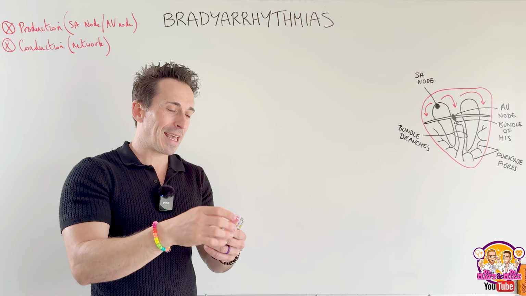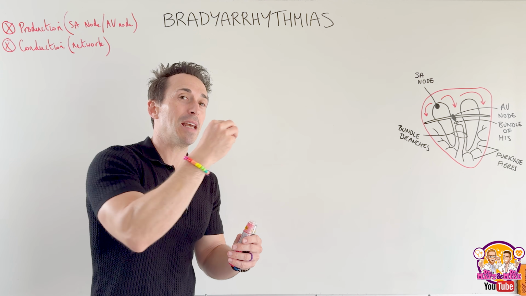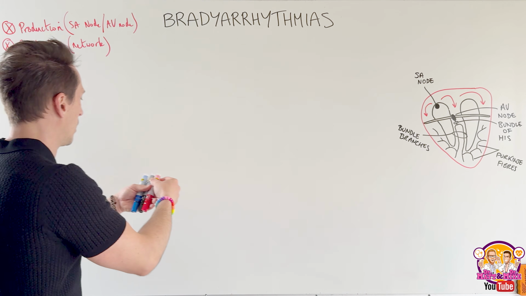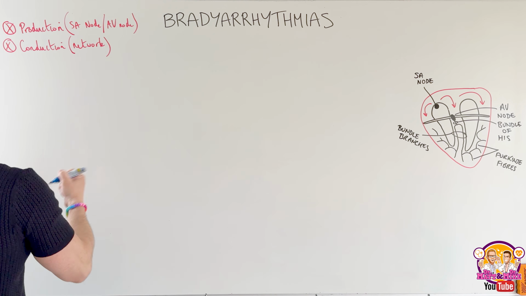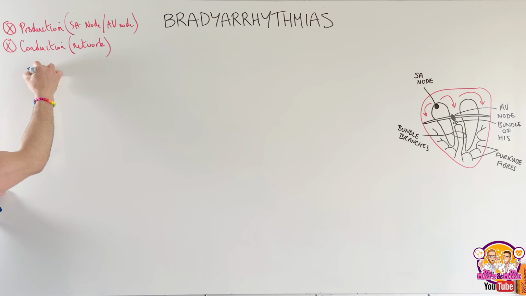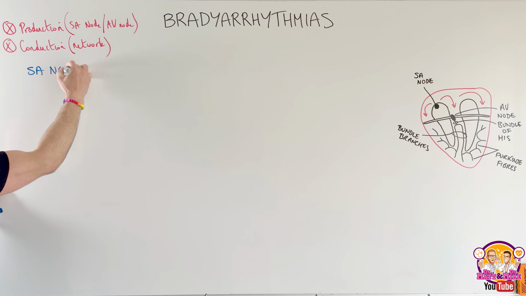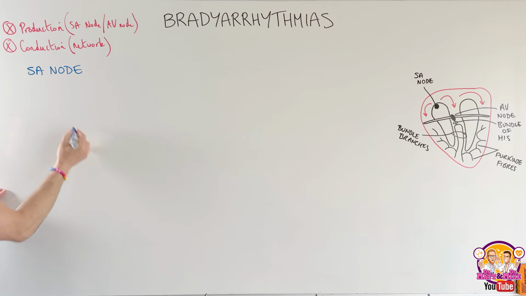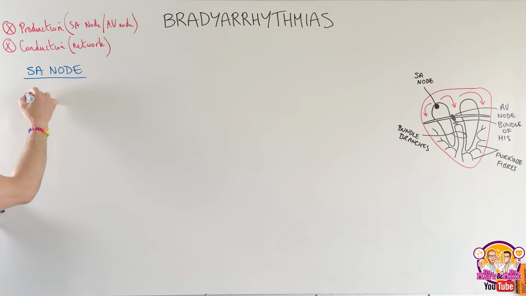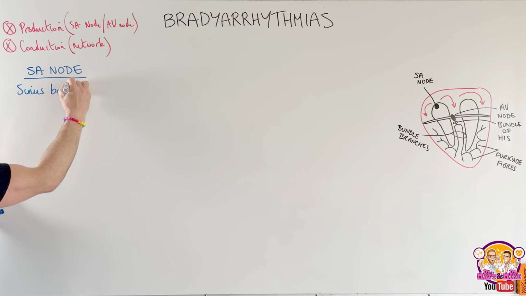Now, I know I haven't fully answered your question about bradyarrhythmias versus bradycardias. I will right now, because we're first going to have a look at issues with the SA node that can cause bradyarrhythmias. And the first here is something that we call a sinus bradycardia.